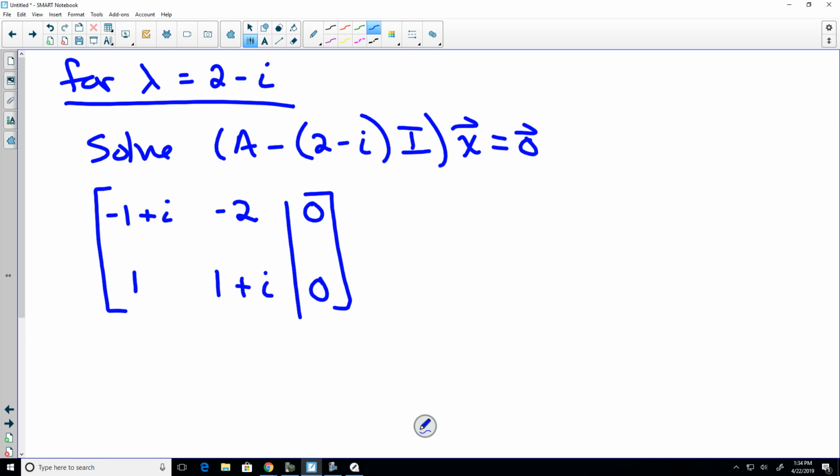Sure. Okay. So now we're going to say row 1 is row 1 plus 1 minus i times row 2. If this 1 is 1 minus i, then when we add it to here, we get 0.